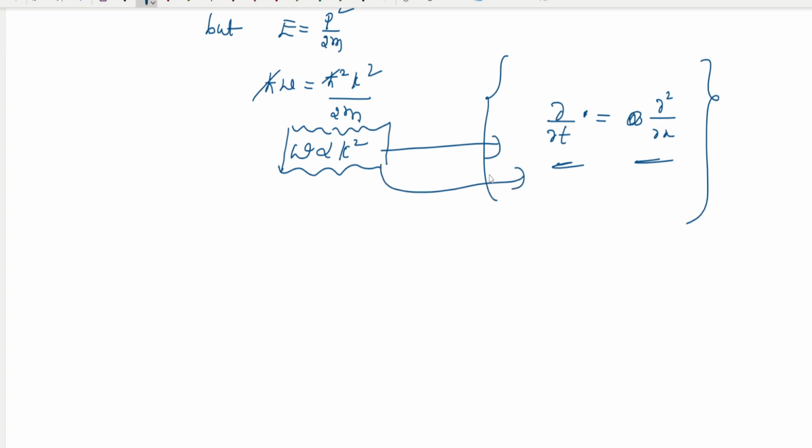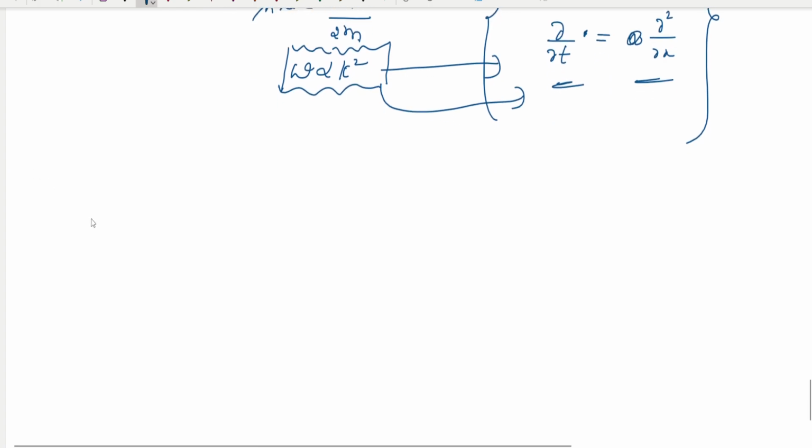Here I'm going to show you that derivation, which my professor told me. Take f equal to f of x comma t, the free particle solution, e power i (kx minus omega t), right?